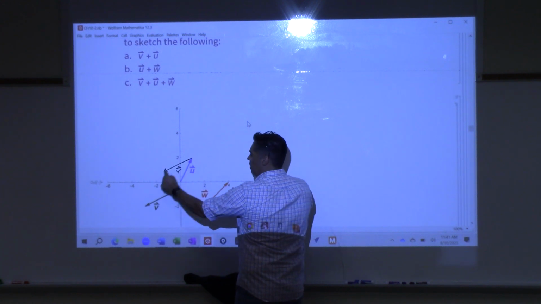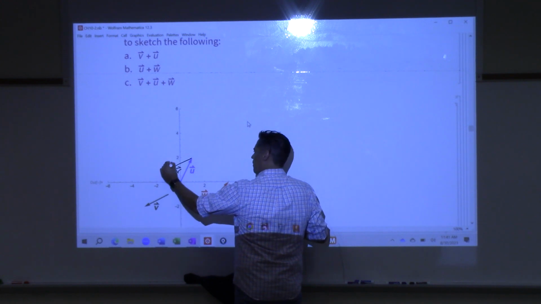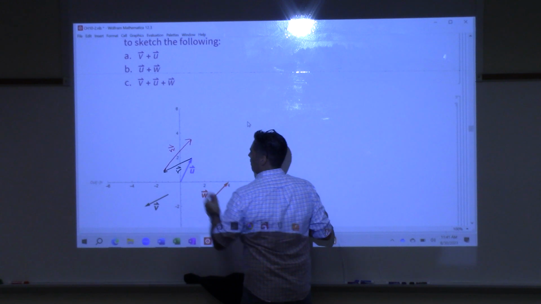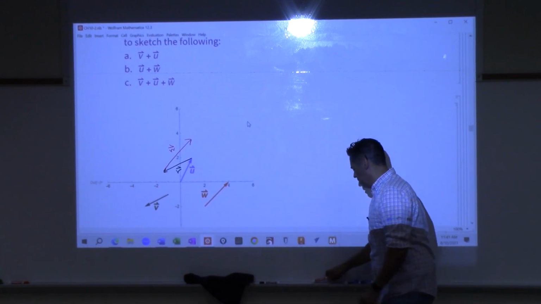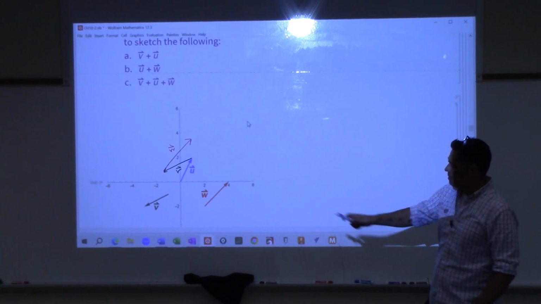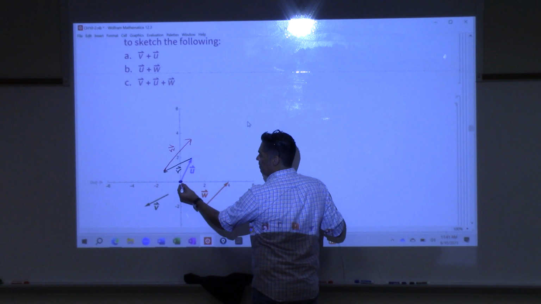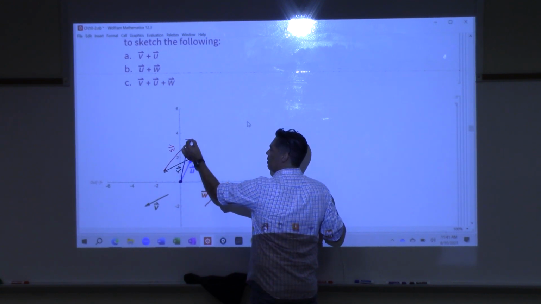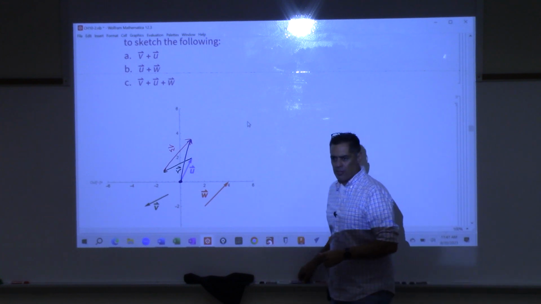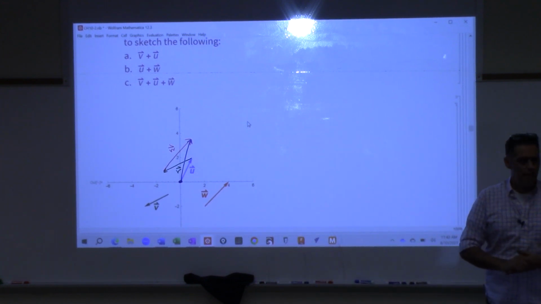So we go here, here, and then the W. Another perfect W. What's the resultant? It starts at the tail of U and goes to the tip of W. That's the result. Now you no longer have the parallelogram law when you have three vectors like this, but you can see what the resultant is, right?